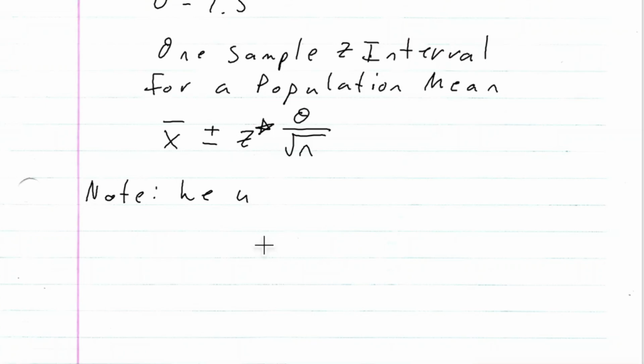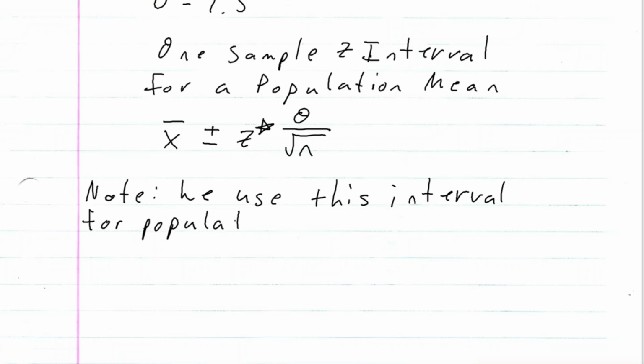we use this interval for population mean when we know the population standard deviation, right?